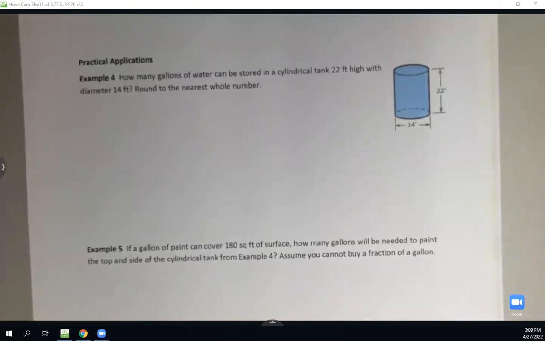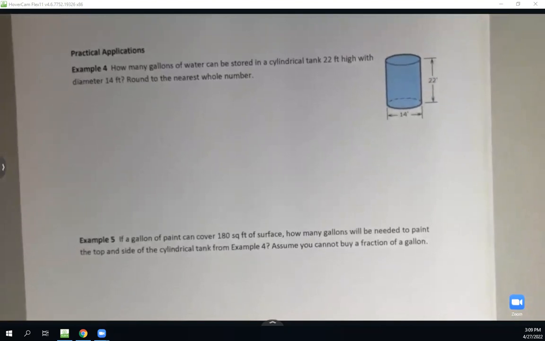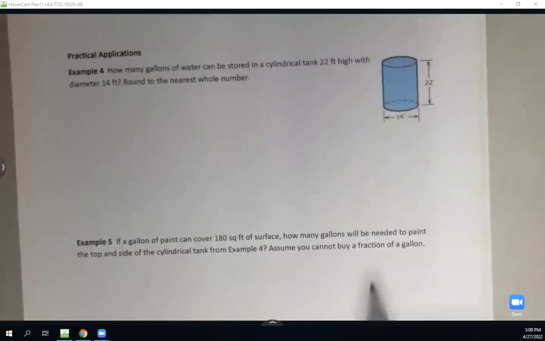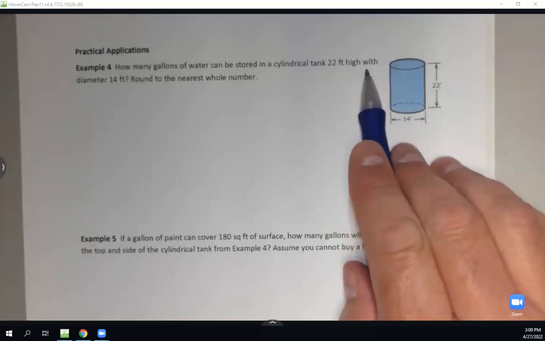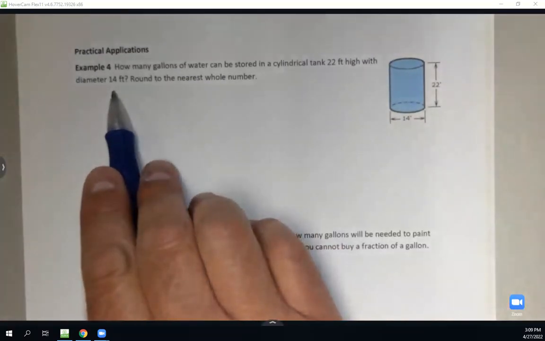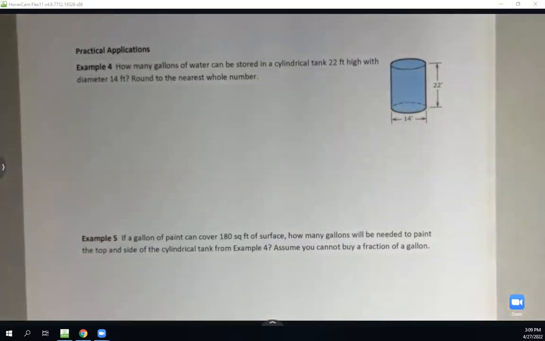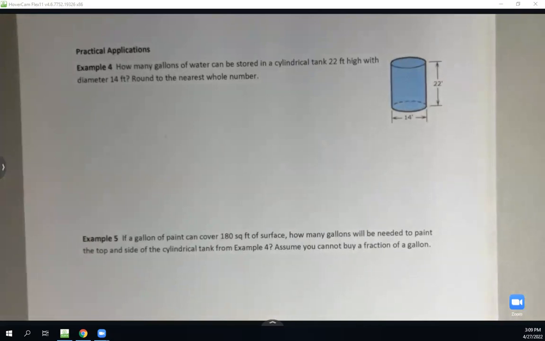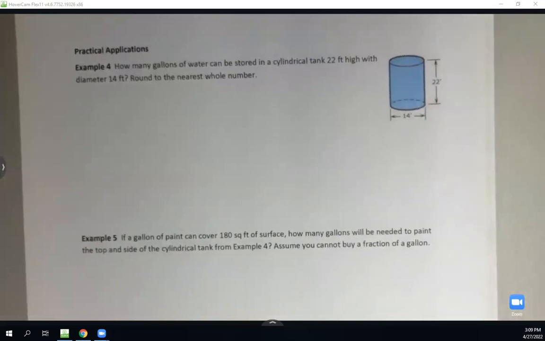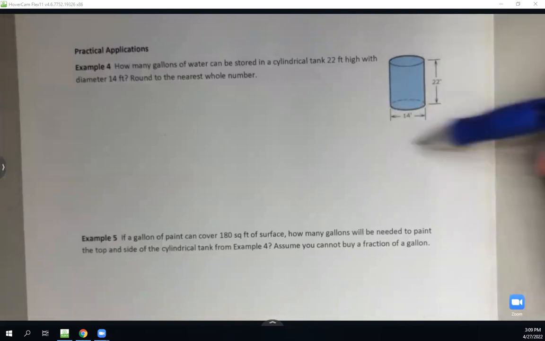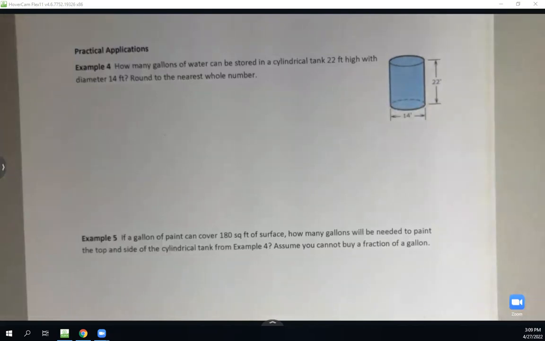So now we have a few practical applications. How many gallons of water can be stored in a cylindrical tank that's 22 feet high with a diameter of 14 feet? Round to the nearest whole number. Okay, so we got ourselves a water tank here. Okay, and the question is, how much can it hold?